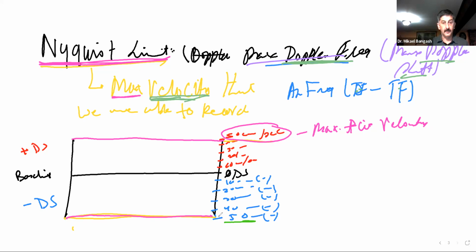At the end of the class we talked about how to determine the direction of the flow. It is all dependent upon whether we saw a positive Doppler shift or a negative Doppler shift related to your beam or your sample gate.